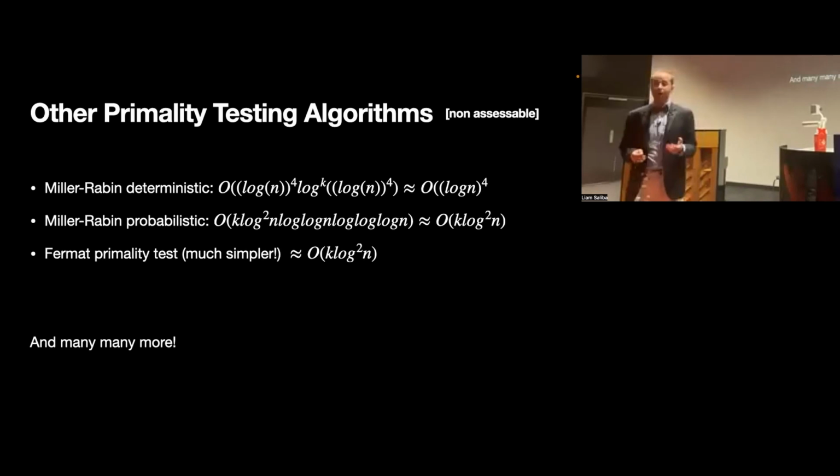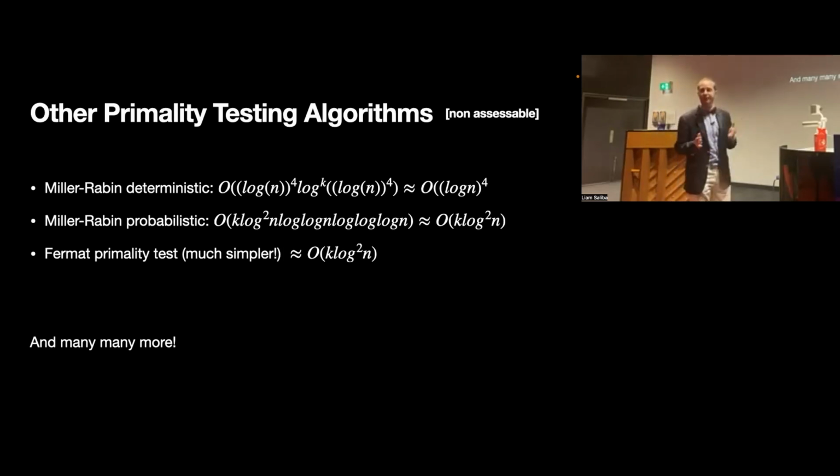We can go to approximately log n to the 4, or k log squared n, where k is another parameter of the algorithm. And then there's even a simple algorithm, not these really complicated Miller-Rabin tests, that gets us much better than square root n. So here's another example of a very, very important use case of algorithmic improvements in the real world.